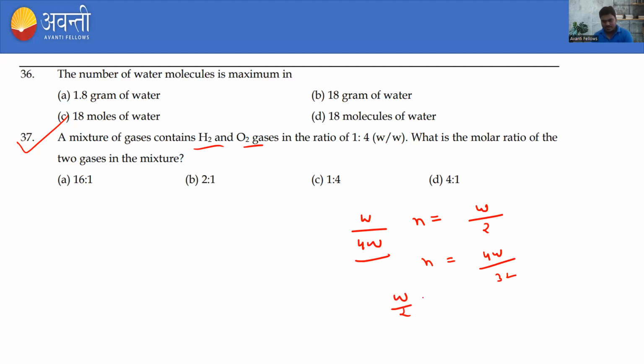It is W by 2 divided by 4W by 32. W gets cancelled. 2, 16, that is 4. So this comes out to be 4 ratio 1, right? So this mole ratio comes out to be 4 to 1. So this is how we get it. I hope this is clear. कैसे आया, सबको समझ? ठीक है. So option number D is absolutely correct.